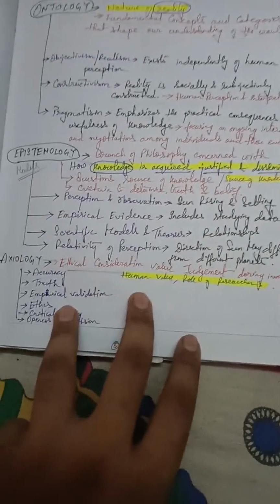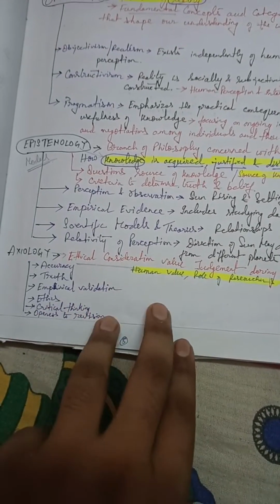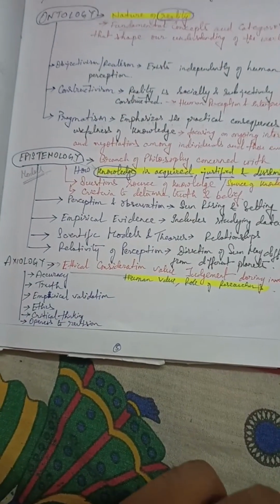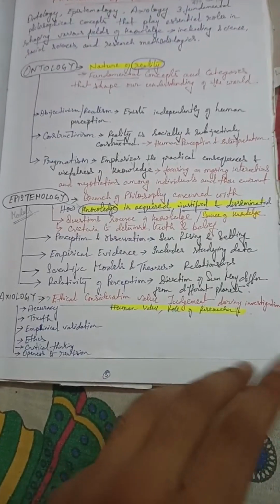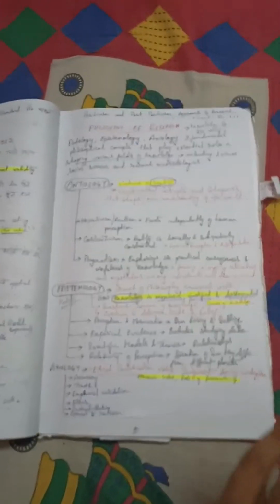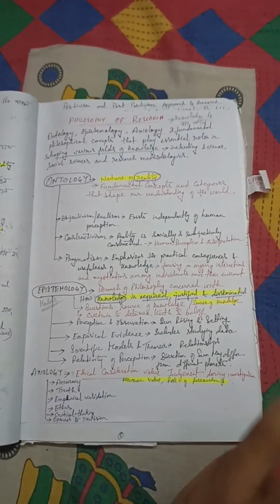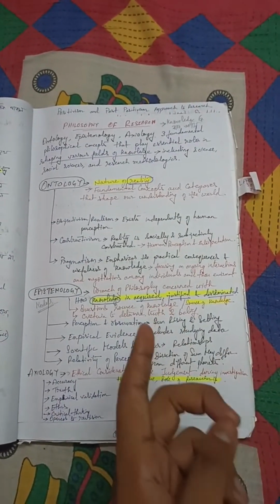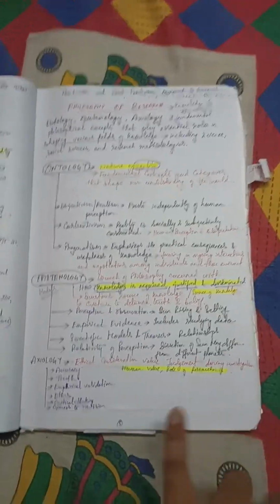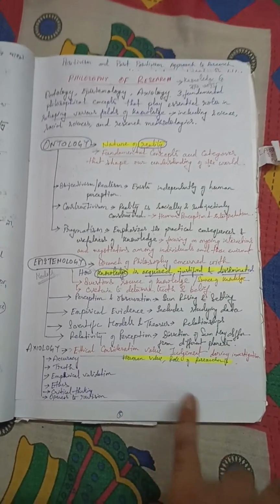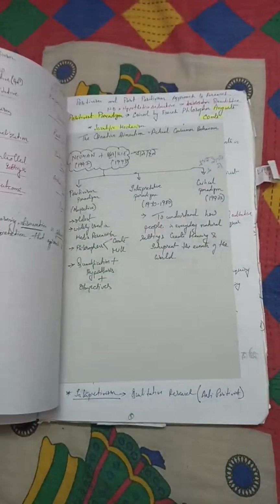Accuracy, truth, empirical validation, ethics, criteria, critical thinking, openness to revision. That means axiology keeps room for revision. So, quickly stating, philosophy of research can be divided into three parts: ontology, that means the nature of reality; epistemology, that means how knowledge is acquired; and axiology, that means how human value, the role of research, and ethical consideration are followed.